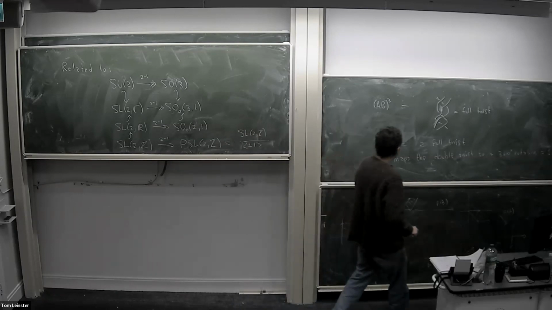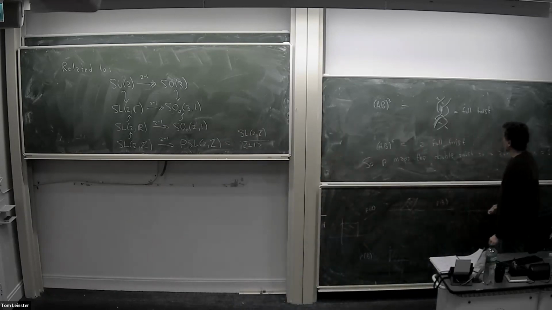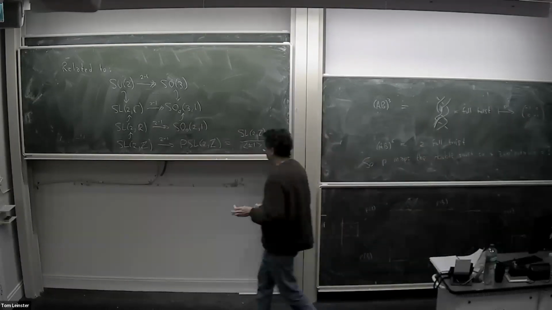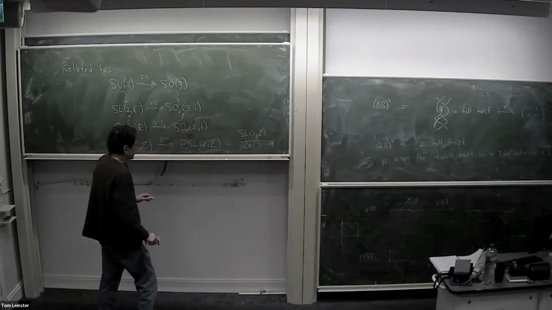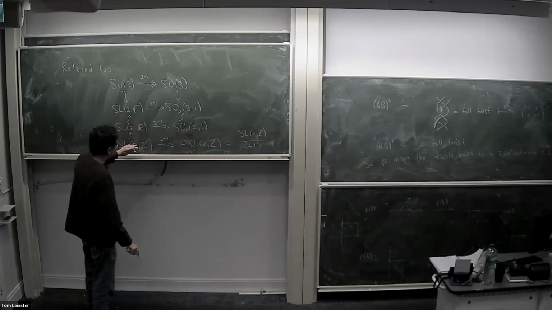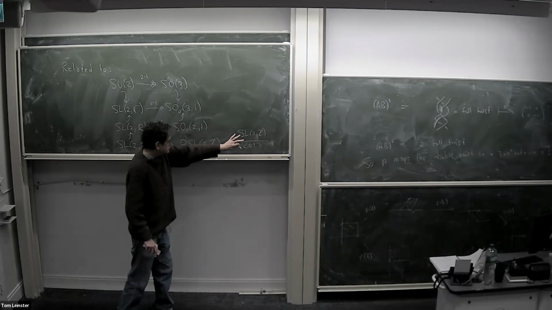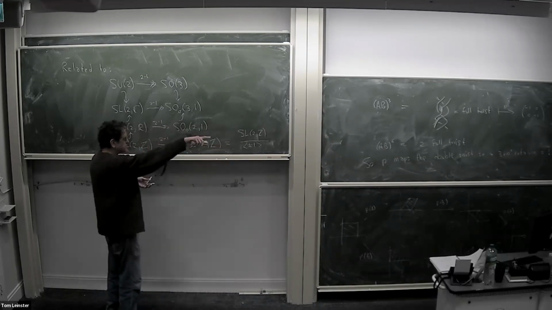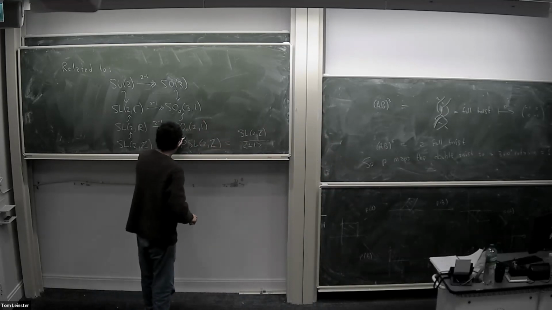So we see that this full twist here was getting mapped by P to minus the identity. And the double twist is getting mapped to the identity. So SL2Z double covers this group that's of some relevance to what we're talking about.